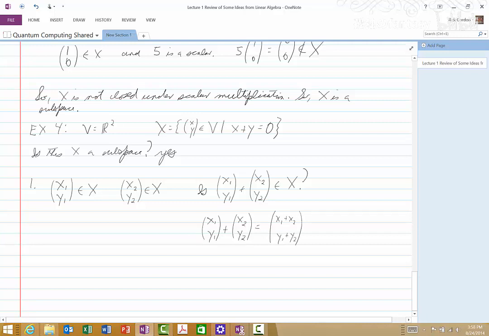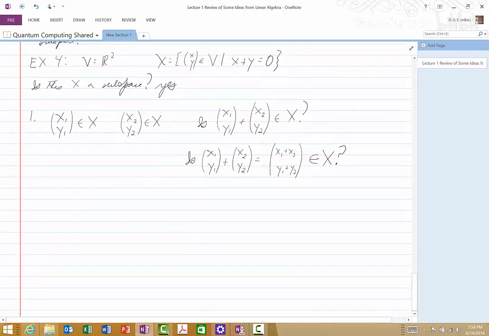And we want to know, is this in X? That's why I'm going to put a question mark there. Remember that the way you determine whether or not something is in X is to add its first component and its second component and see if you get 0.